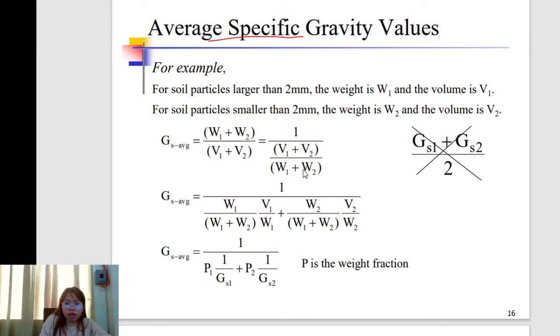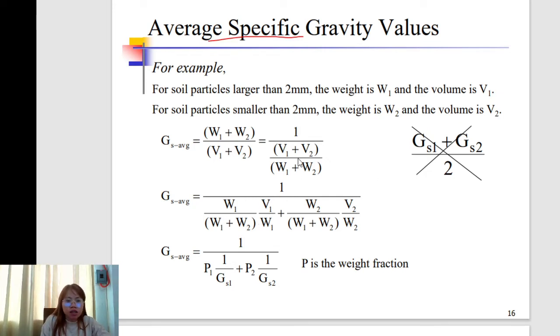Or from here, we can also express this as V sub 1 over W sub 1 plus W sub 2 plus V sub 2 over W sub 1 plus W sub 2.